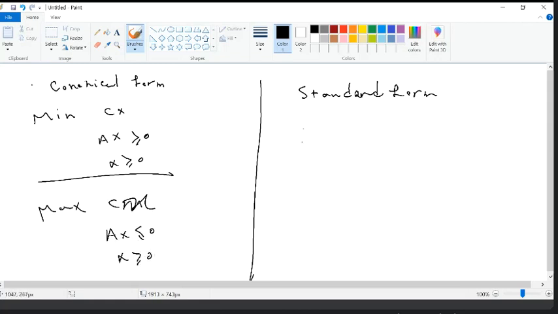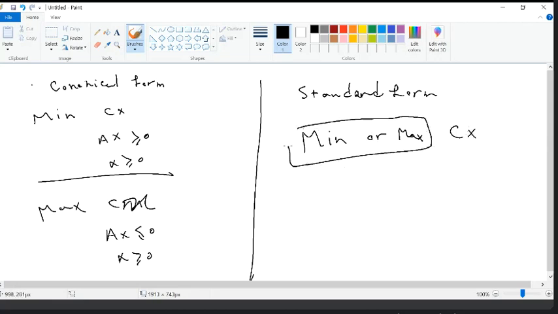In standard form, we have minimum or maximum form cx, Ax equal to b and x greater than or equal to 0.